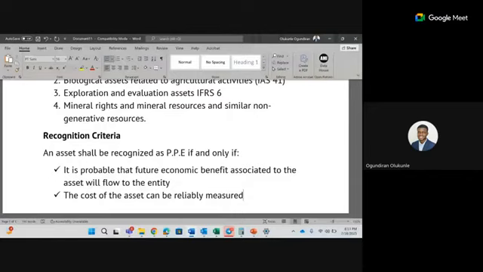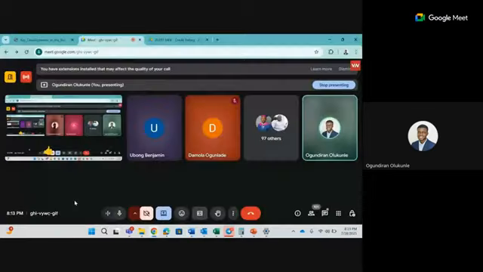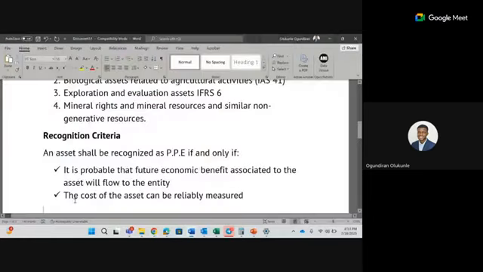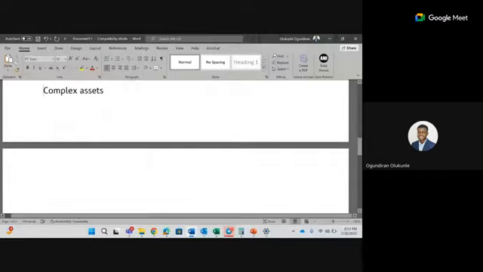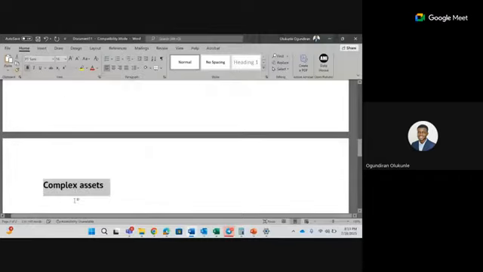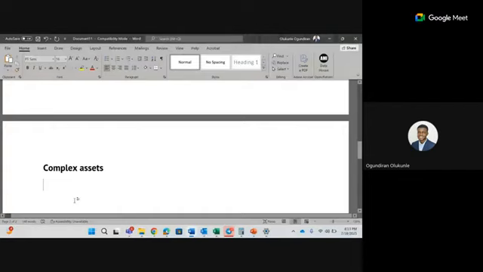But again, there's this class of assets, right? Are you with me? These two things must be fulfilled for you to recognize an item as PPE. But there's this class of assets we refer to as complex assets, right? And that's a little bit peculiar to your level, basically. What are complex assets?